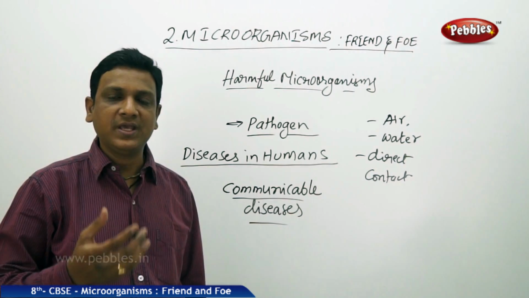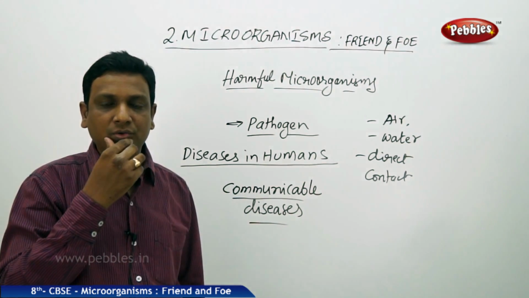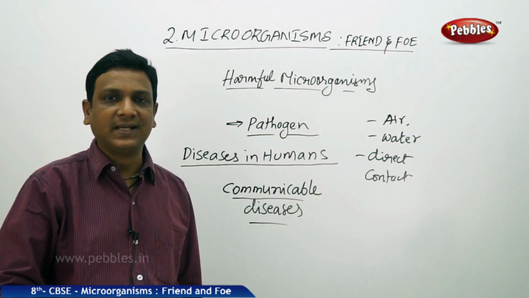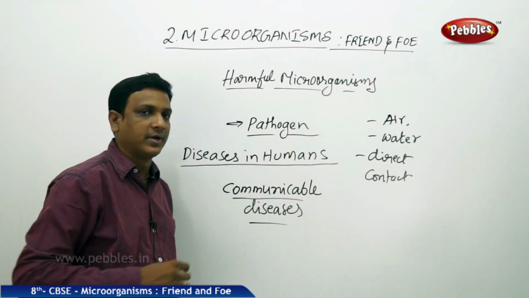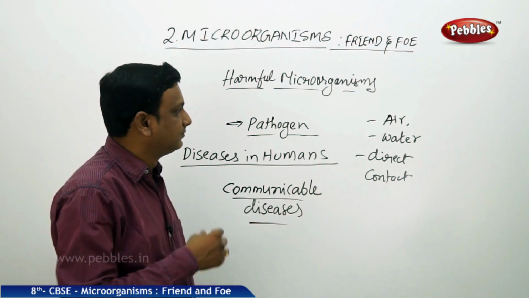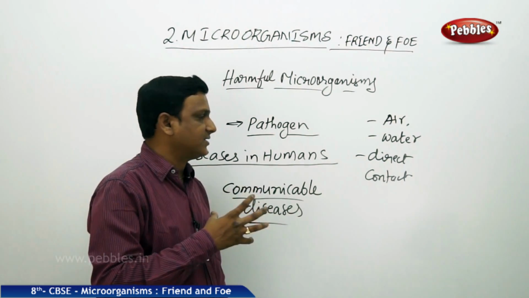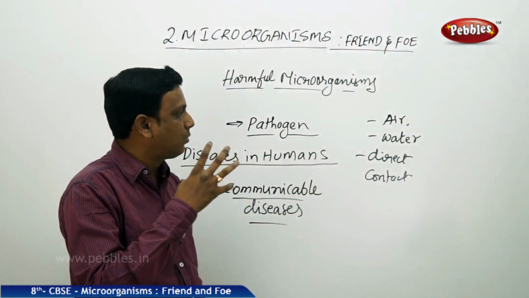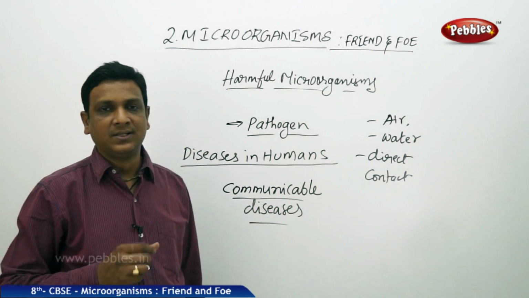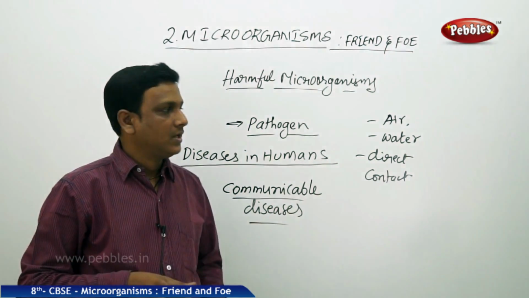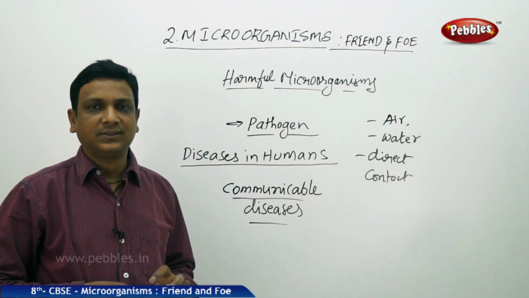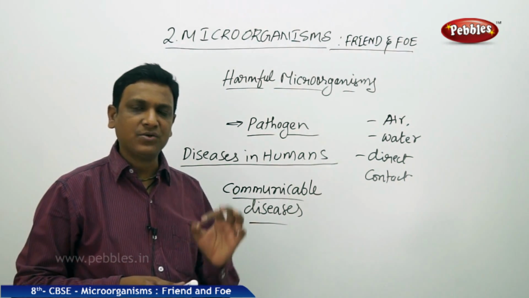And again, if you keep your hand at your nose or mouth, or if you eat anything with the hand, then the virus enters your body. So that is by direct physical contact. So the diseases that are spread by air, water, or direct contact are called communicable diseases.